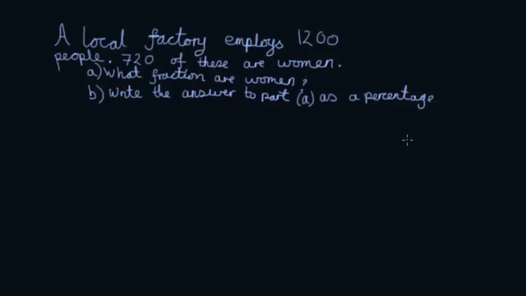A local factory employs 1,200 people. 720 of these are women. What fraction are women? So we take our 720 that we know are women and put that over the total number of employees. And now we simplify that down so we can cancel these zeros.